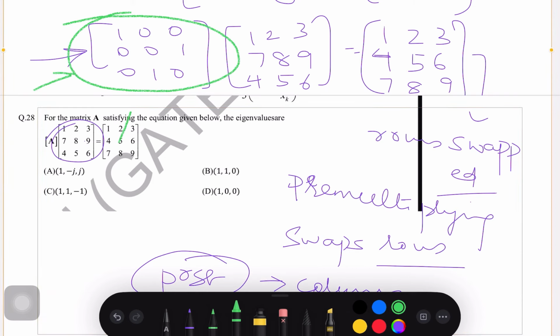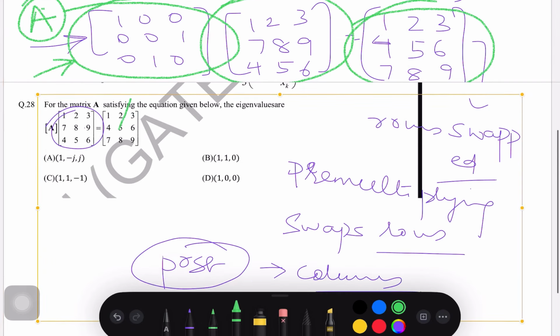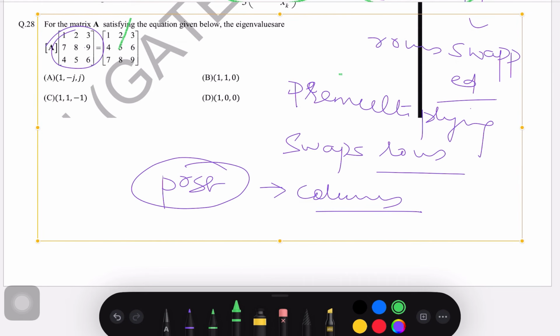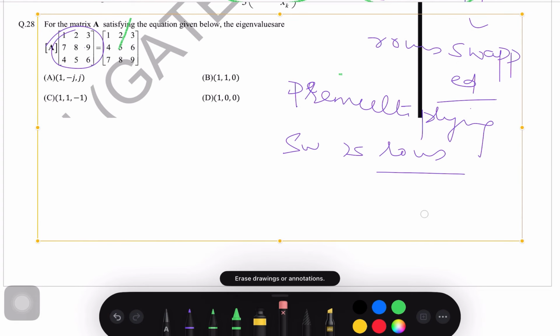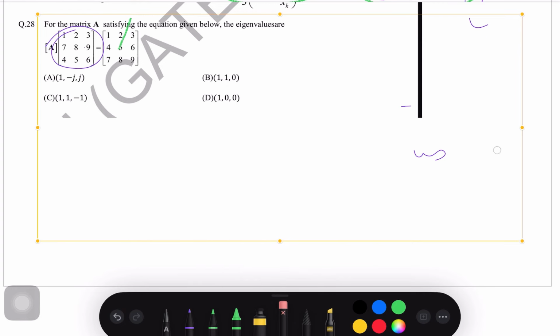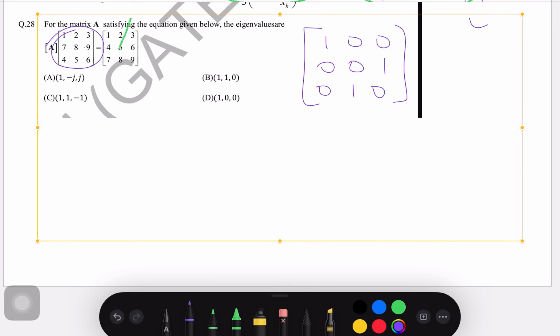So this basically is my A matrix, because pre-multiplying with this changes the rows for me, right? So for A matrix, which we have now got to be our permutation matrix, which we found by swapping the second and the third rows of the identity matrix, which is this. Now this is my A matrix.